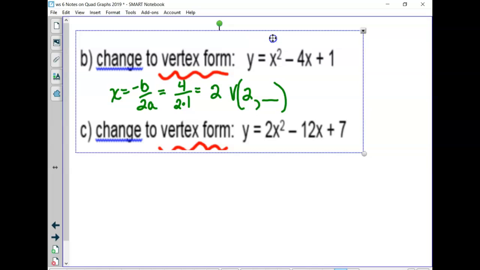I find that by plugging the 2 back in here. Four minus 8 plus 1, anybody? Negative 3. 4 minus 8 would be negative 4 plus 1 is negative 3, yes. So 2, negative 3 is the vertex.